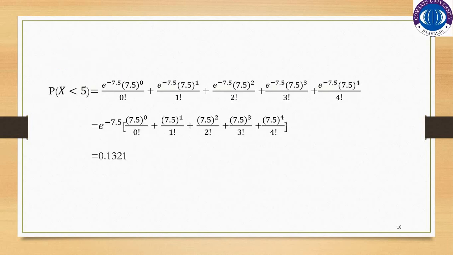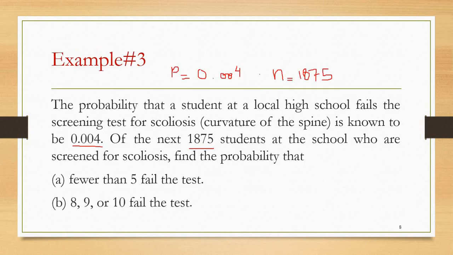So by substituting the values of x, which is 0, 1, 2, 3, 4, and by simplifying this, we will get the probability 0.1321, which is the probability that fewer than 5 will fail the test.